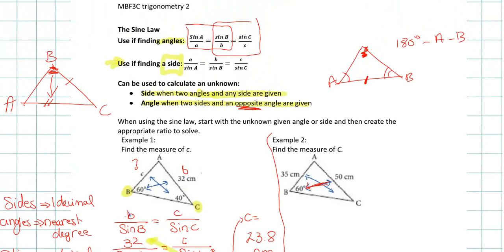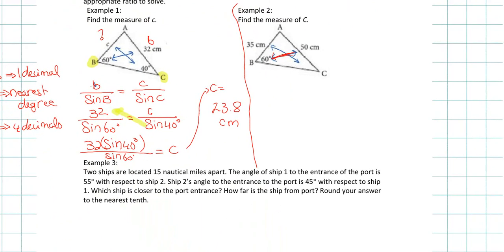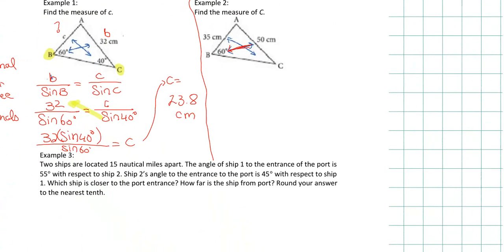And it's going to be sine B over B equal to sine C over C because I'm looking for B and C. All right, perfect. So, sine B over B equal to sine C over C. So if I fill in my information, it's sine 60 over 50 equal to sine C over 35.